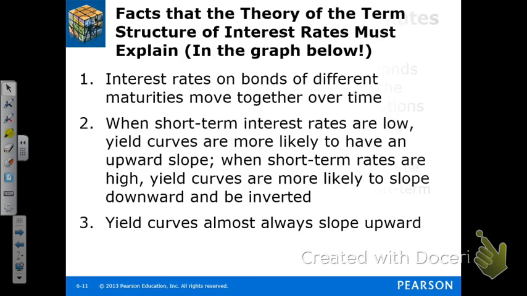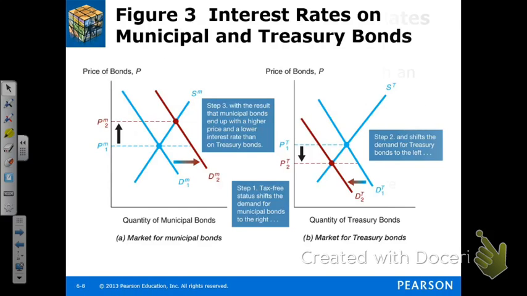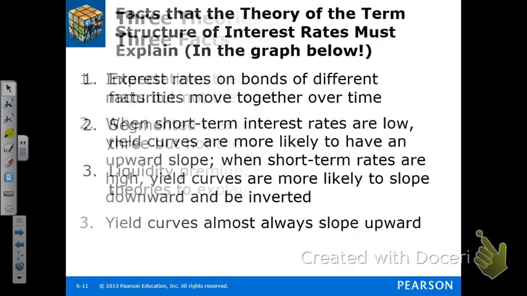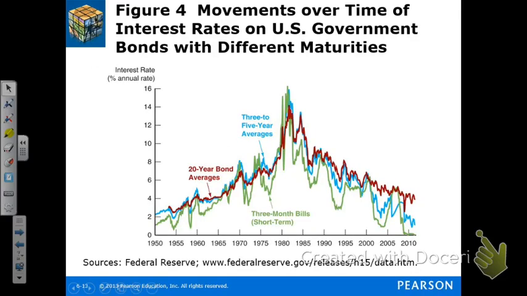And you can see that in the data. When we talk about interest rates being low, we are basically talking about the 1950s, the 1960s and the 1970s. When interest rates were low, there appeared to be an upward sloping part of the so-called yield curve, where yield actually increased with the maturity.